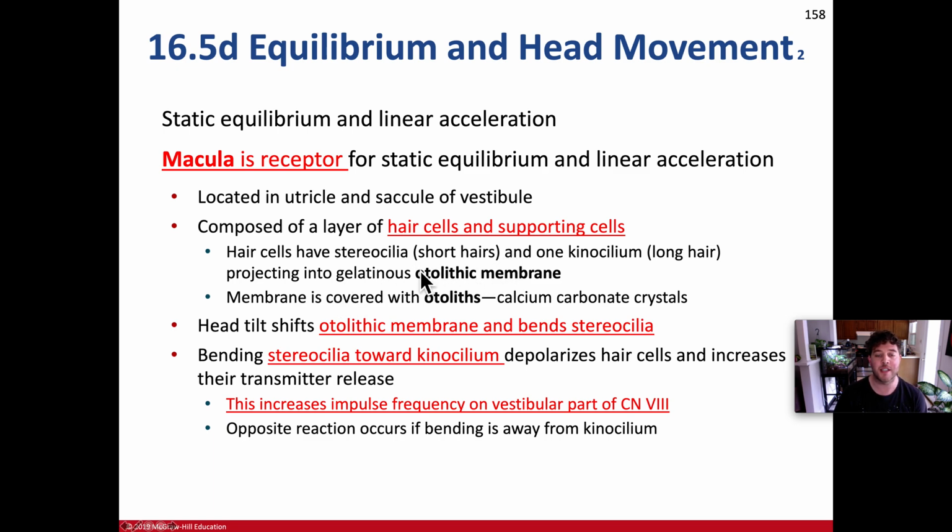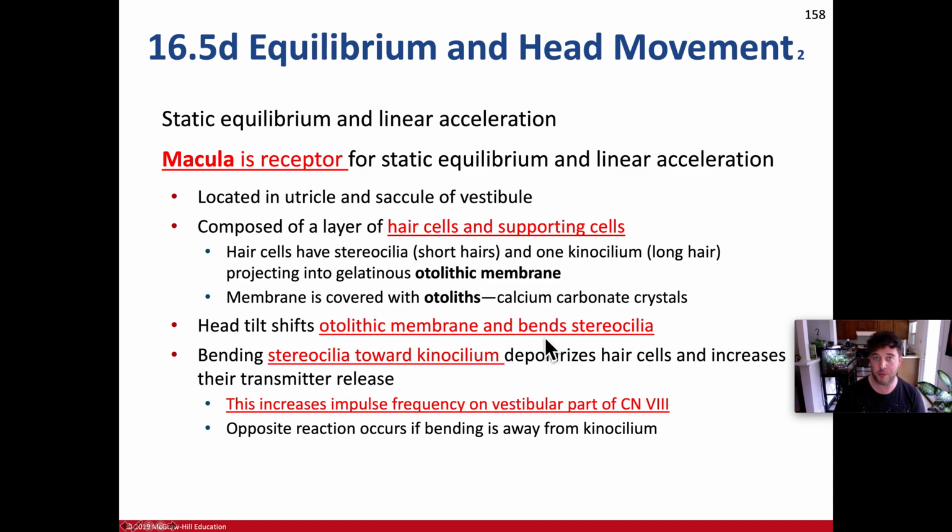These hairs project into what's called an otolithic membrane that is filled with otoliths, which are stones. Lith means stone. If you ever have lithotripsy, when you have kidney stones or gallstones lasered away? Lith is stone. So head tilt shifts the otolithic membrane and bends those stereocilia.